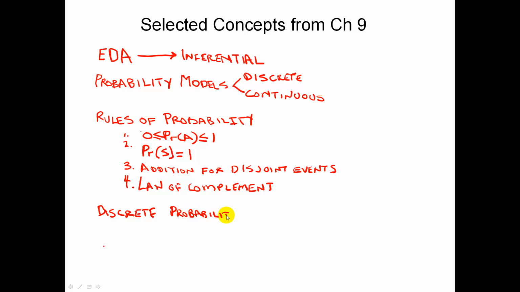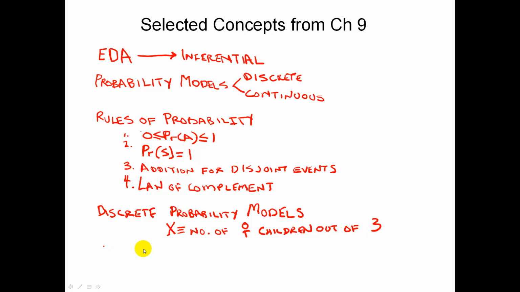We used to call it a probability mass, but the textbook calls it a probability model. And it has to follow all the rules up above, all four of those rules. As an example, I give in the PowerPoints where we let x equal the number of female children out of 3, so the couple is planning to have 3 children.